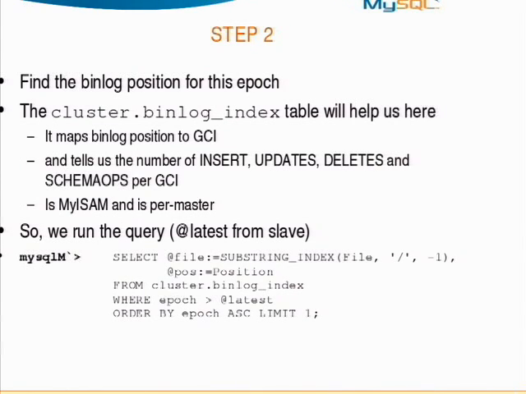It also has a bit of statistics there of how many inserts, updates, deletes, and schema operations were per epoch. It's a MyISAM table, which is per master. So each master has a different mapping, as I mentioned. So we grab the latest epoch we've got from the slave, and then on the backup master, we select where this epoch is in our binary log.